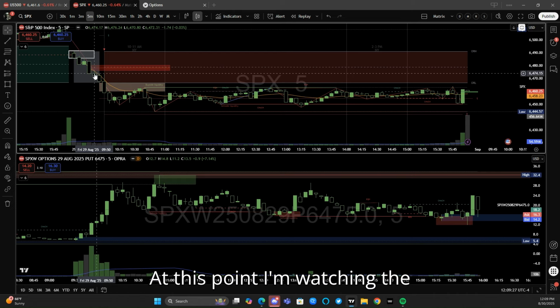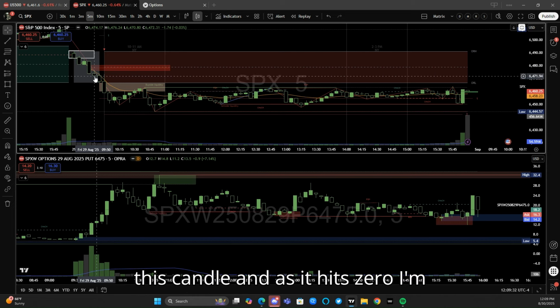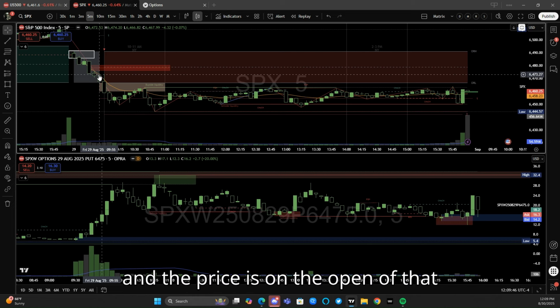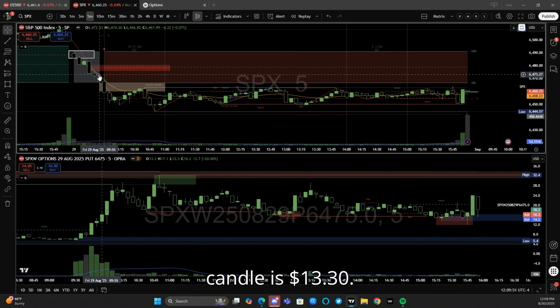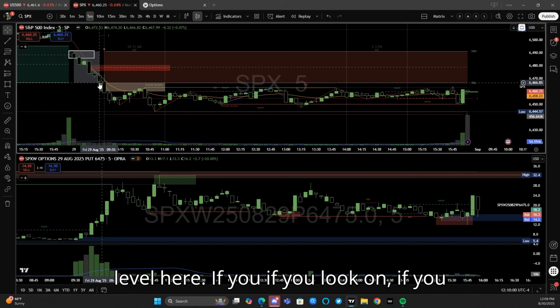At this point, I'm watching the ticker, I'm watching the countdown on this candle, and as it hits zero, I'm placing a buy order for the 6475 put 0DTE, and the price on the open of that candle is $13.30.